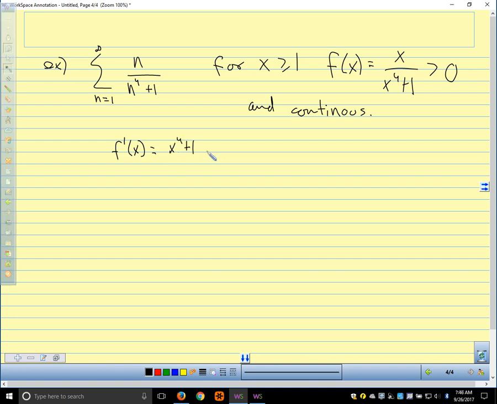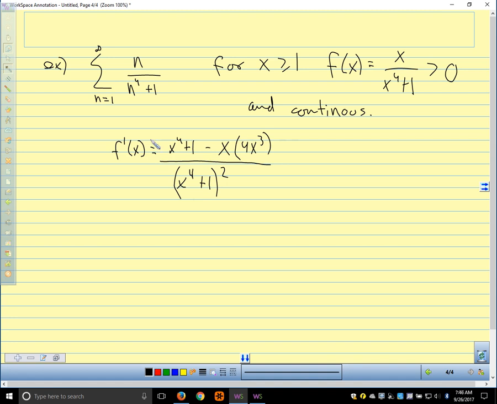X to the fourth plus 1 minus x times 4x to the third, over x to the fourth plus 1 squared. So my key here is going to be to show that this numerator is never going to be negative, to show the numerator is less than 0.